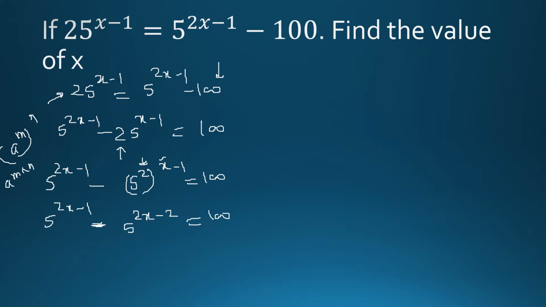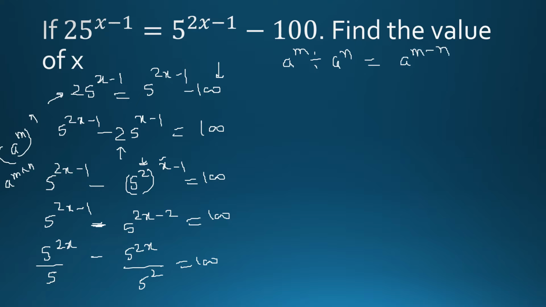Now, can I write it as 5 raised to power 2x divided by 5 raised to power 1, and 5 raised to power 2x divided by 5 square? How? Because you know, when we have powers with the same base in division, we can subtract them. So can we do vice versa also? When they are in subtraction, we can write them in division form. So what's the purpose of this?